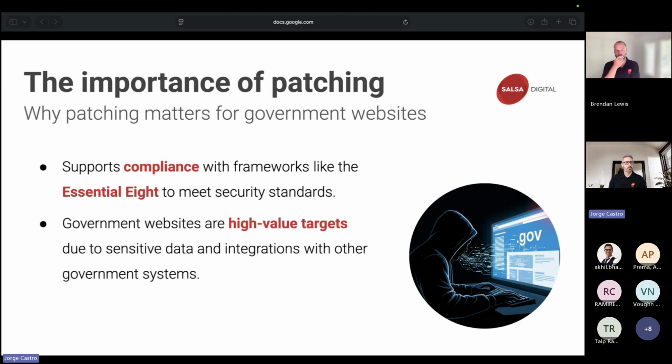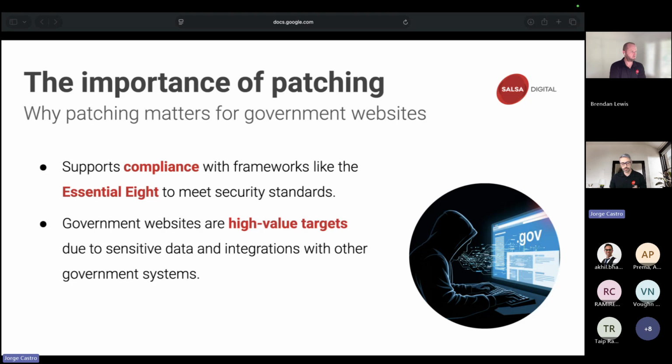All right, so why patching matters as well is it's fundamental to comply with Essential 8, as an example, right? There could be other frameworks out there, but the point being, it's not just a technical requirement. It's a critical component to the overall cyber resilience, which essentially is what Essential 8 is all about.